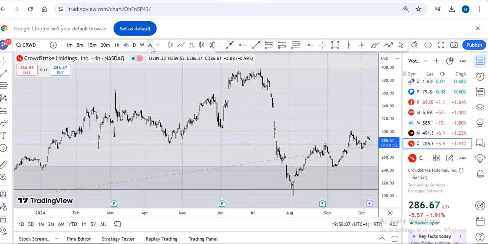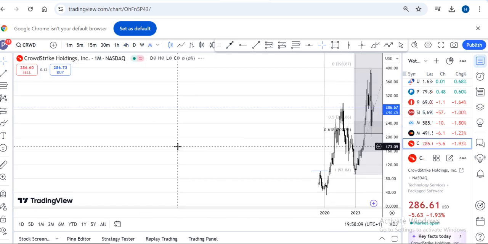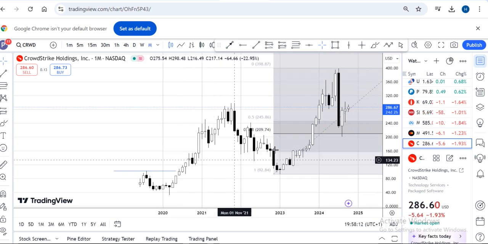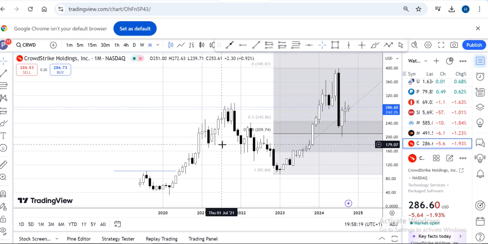So now what I'll simply do is put it on the higher time frame. This is basically the chart on this particular stock.